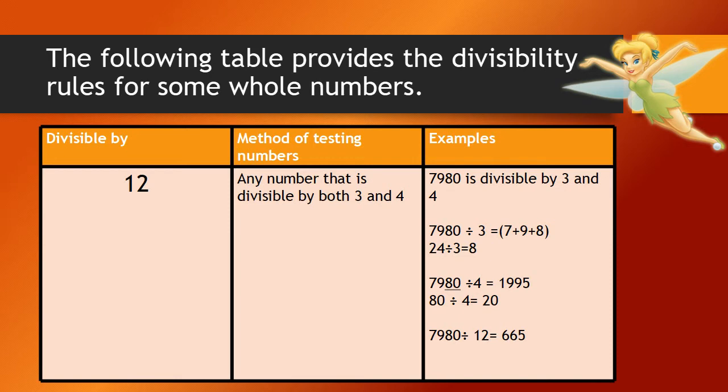For the divisibility rule of 4, 7,980, the last two digits is 80. 80 divided by 4 is 20. So 7,980 divided by 4 is 1,995. So it's divisible. So therefore, 7,980 divided by 12 is 665.